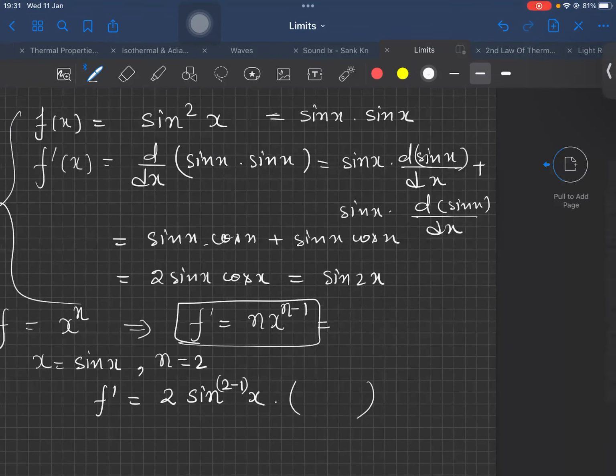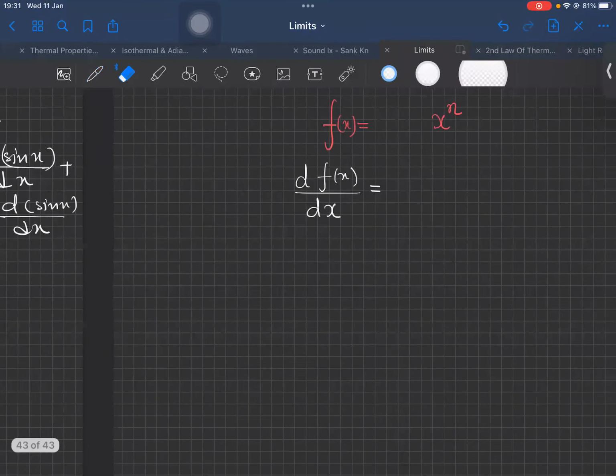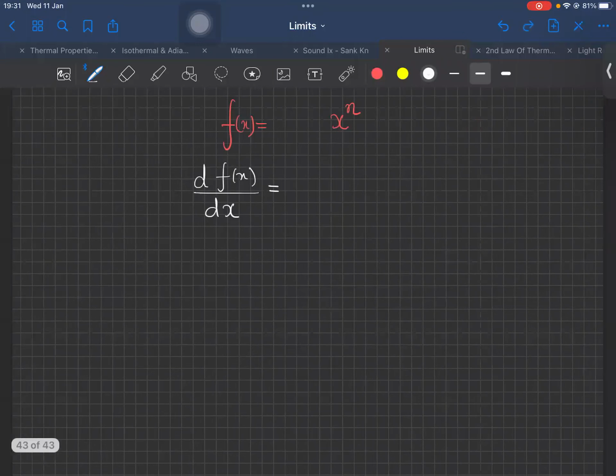So let's see that. See, if a function f of x, let's write f of x is equal to x to the power of n. So its complete derivative d f of x upon dx. We are differentiating with respect to x, right? So this was correct only, right? Okay. So if this is the function, where is the formula incorrect? Let's check.